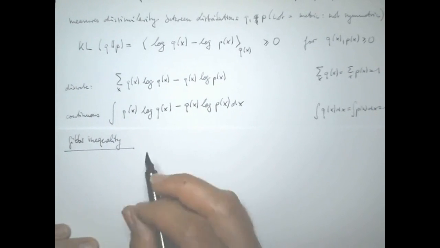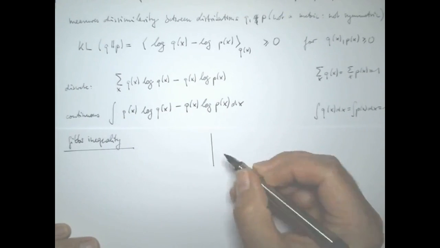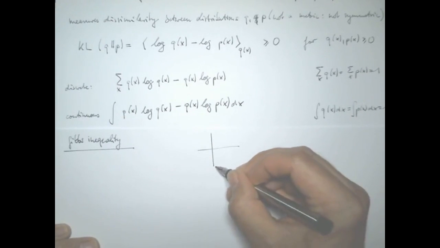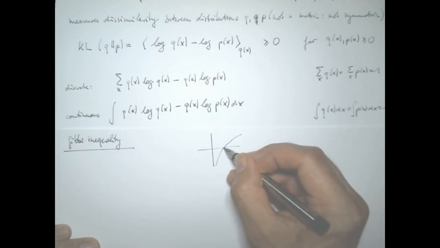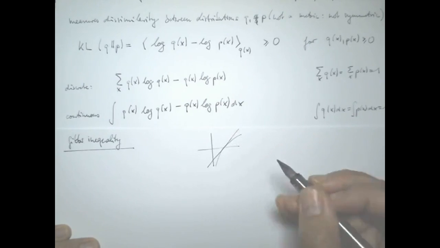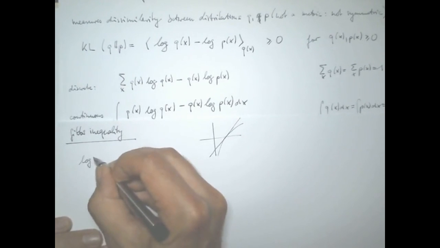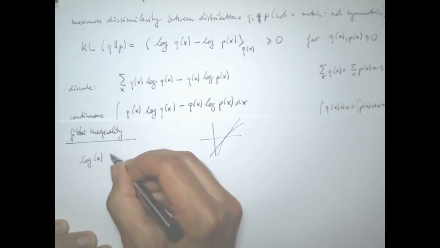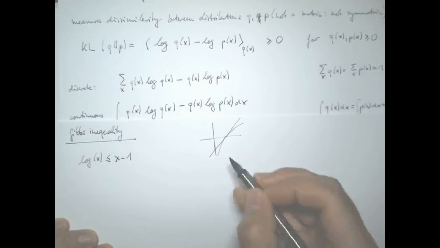Here we're using Gibbs. So we are, sorry, upper bounding the logarithm by saying the log of x is less than or equal the tangential function here, x minus 1.